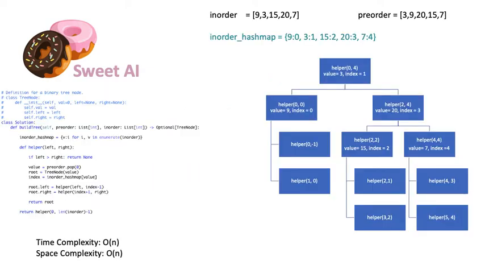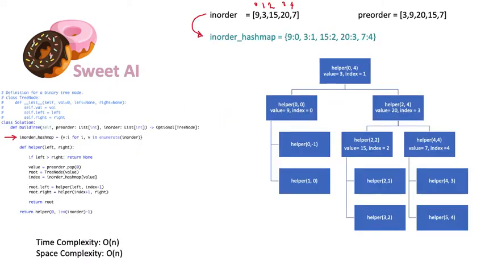As I mentioned, we are going to create a hash map of the inorder array, which is created here. As you see, this is 0, 1, 2, 3, 4, right? The hash map is created here, and we are going to traverse the preorder array and create our binary tree. This is a recursive process based on what I explained.